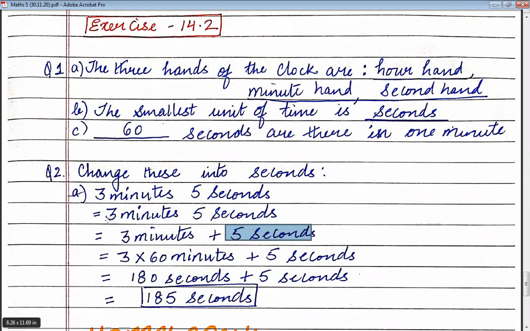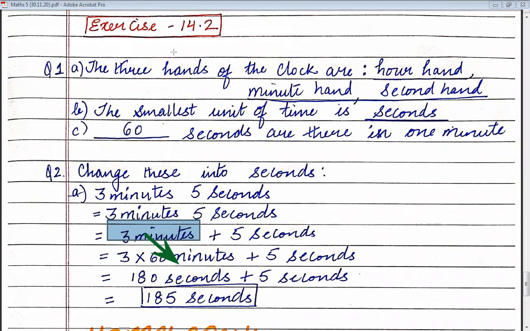And children, you know that 1 minute is equal to 60 seconds. So to convert 3 minutes into seconds, you have to write 3 multiply 60.